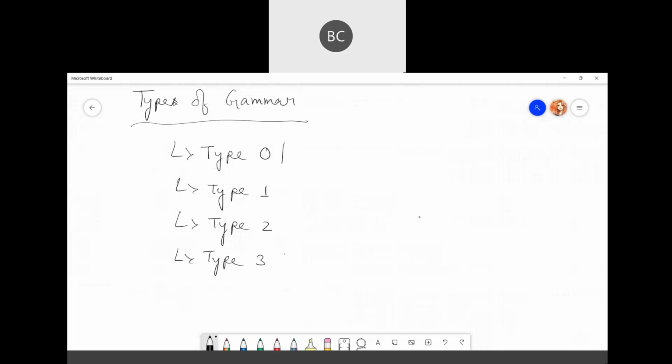Type 0 is your unrestricted grammar. Type 1 is your context sensitive. I mentioned this earlier also. Now we are following the sequence. Type 2 is context free.